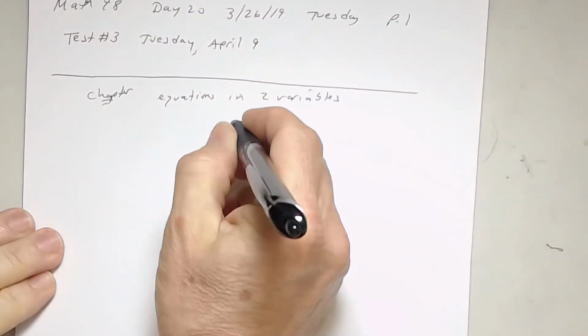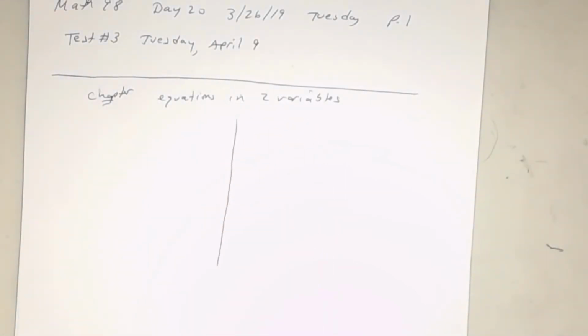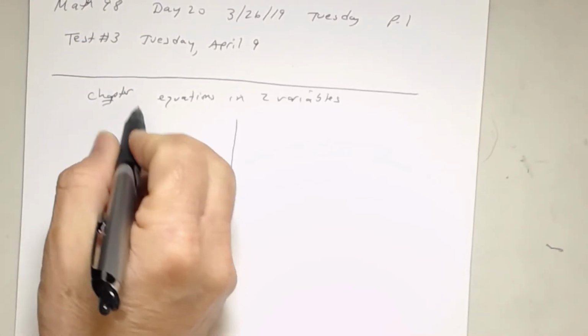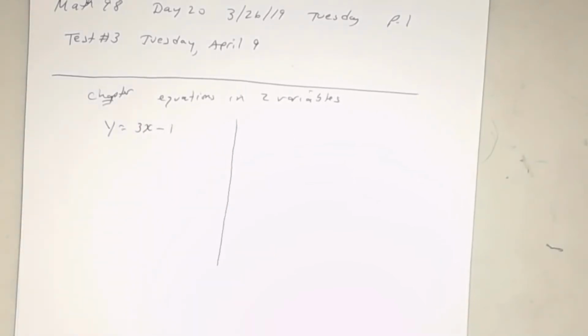So here are equations in 2 variables. I'm going to put them in 2 columns here. Those are examples of equations in 2 variables. In the first column, go ahead and write something like y equals 3x minus 1. Notice that's an equation in 2 variables.